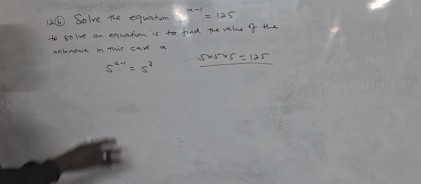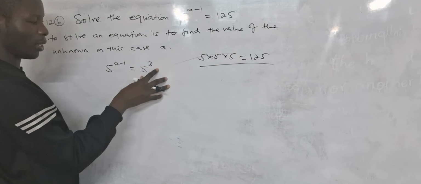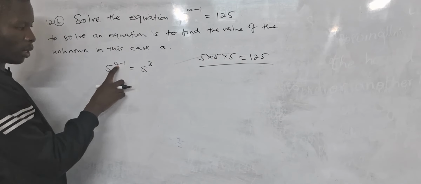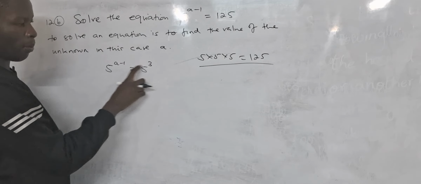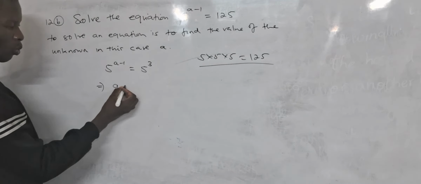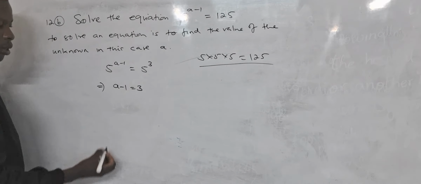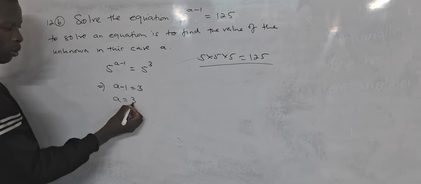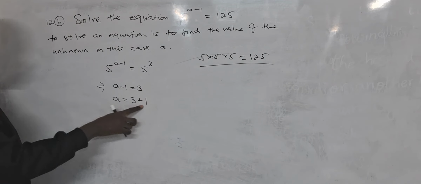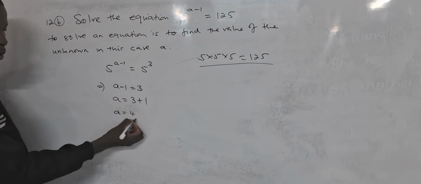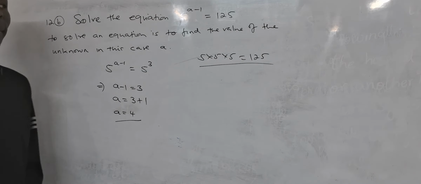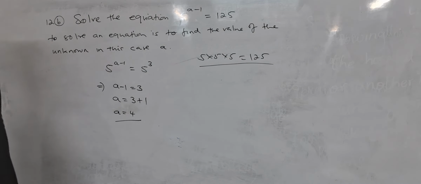Since 5 to the power something is equal to 5 to the power something, it implies that the powers are also equal. So a minus 1 is equal to 3. What is the value of a now? a is equal to 3 plus 1. If you take this negative 1 to this side, it becomes positive 1. So the value of a is 4.